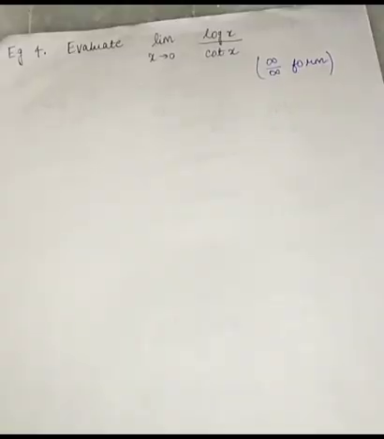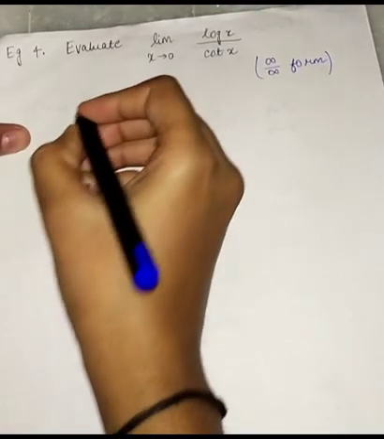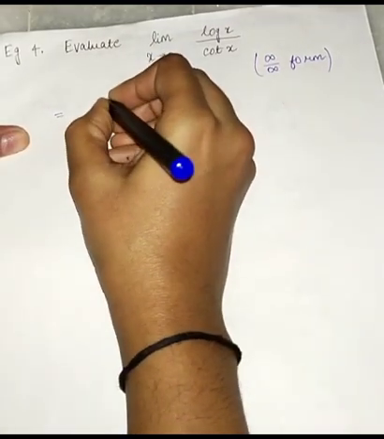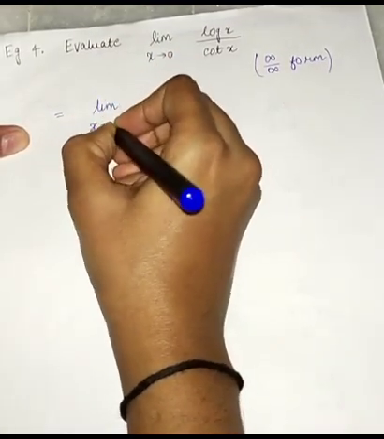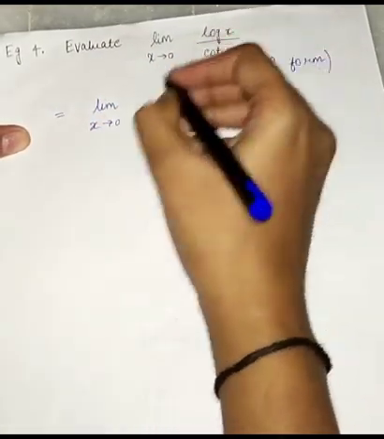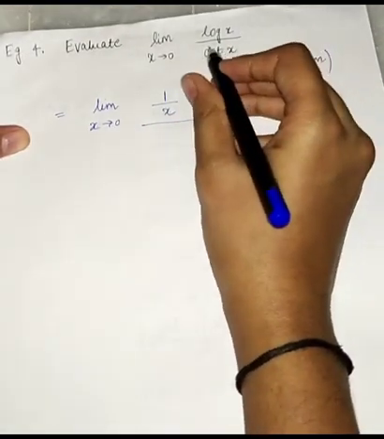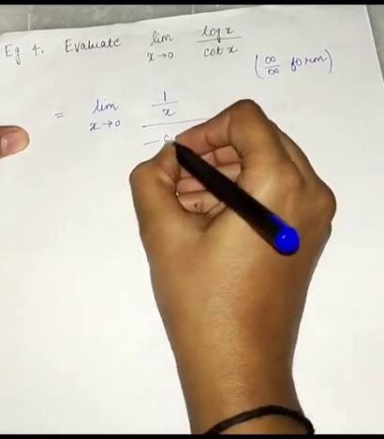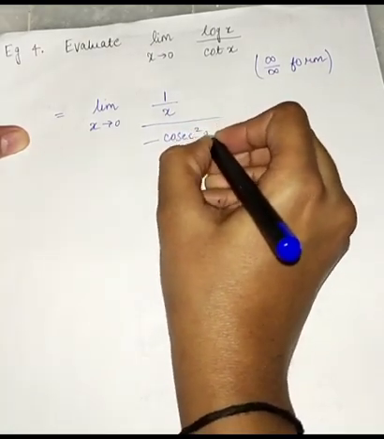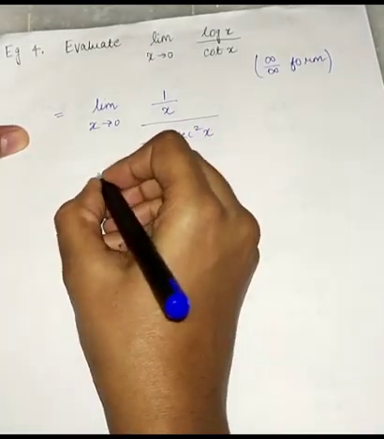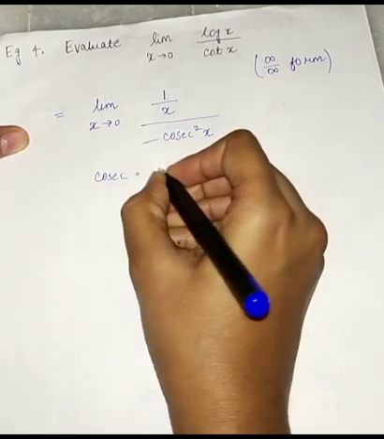So differentiating numerator and denominator, we get limit x tends to 0. Differentiation of log x is 1 upon x, upon differentiation of cot x, which is minus cosec square x. But we know that cosec x is equal to 1 upon sin x.